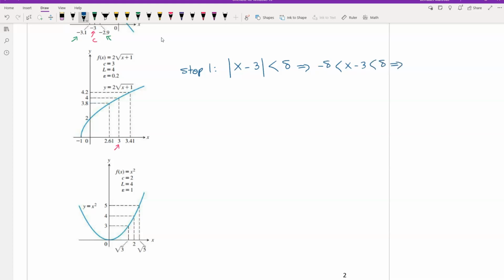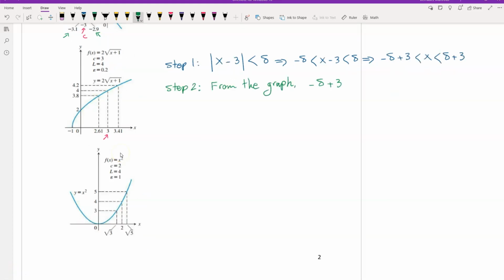That implies x is between negative delta plus 3 and positive delta plus 3. Now from the graph, negative delta plus 3 is equal to 2.61.